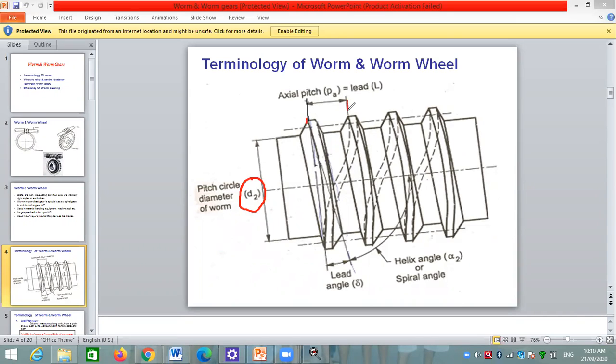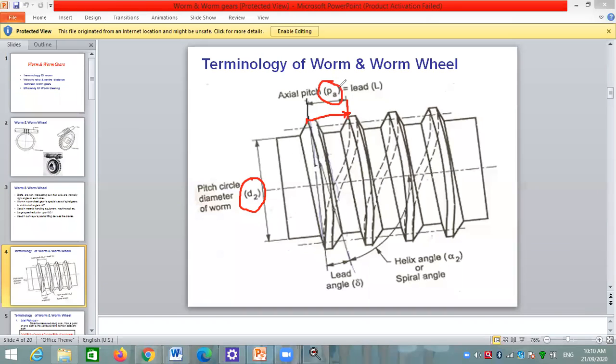The axial pitch is the distance between two corresponding points on the teeth. If we take the distance on the same point on successive teeth, it is called the axial pitch. It is denoted by PA.